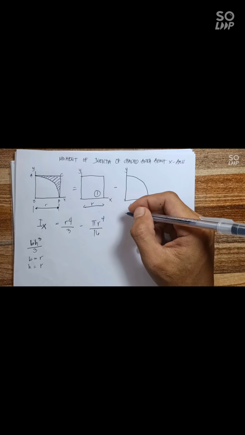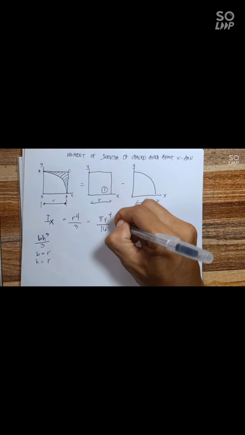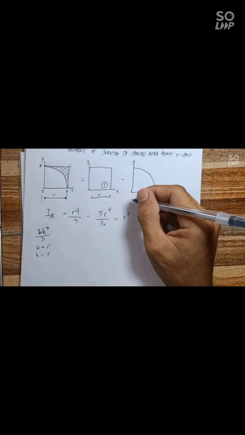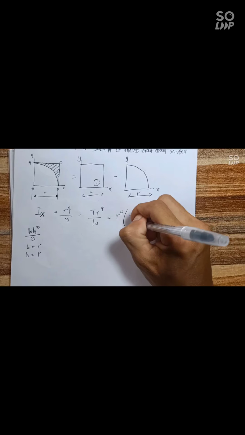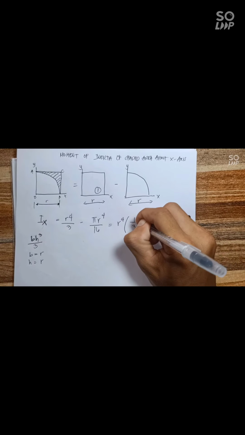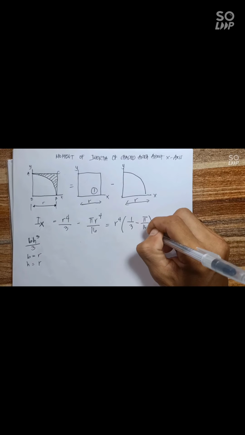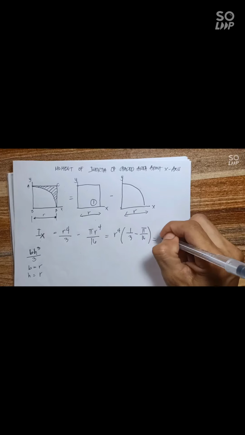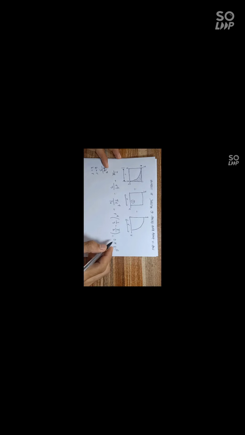So direct substitution of the relation here: take r to the fourth as common, and then 1/3 minus pi over 16 is equal to, when you simplify this, 0.14 r to the fourth, and that's all. Thank you.